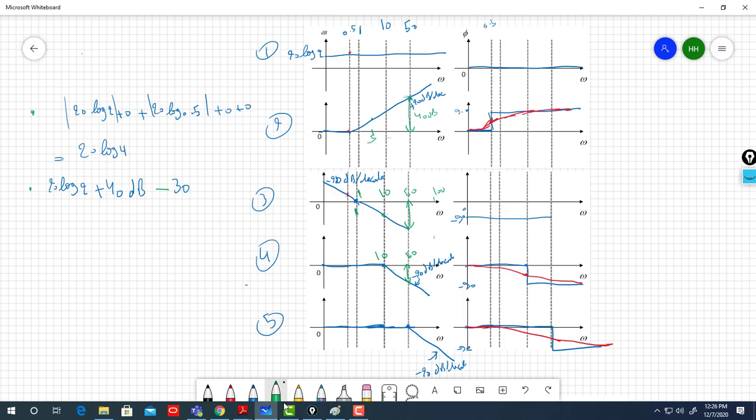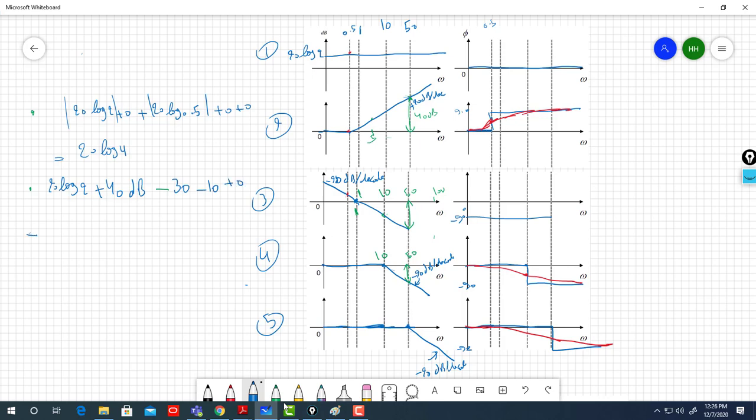So at 50 minus 10, then it is minus 10. Alright, so minus 10, and here plus 0.